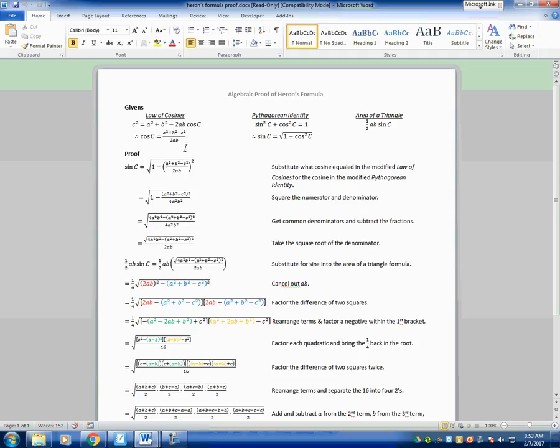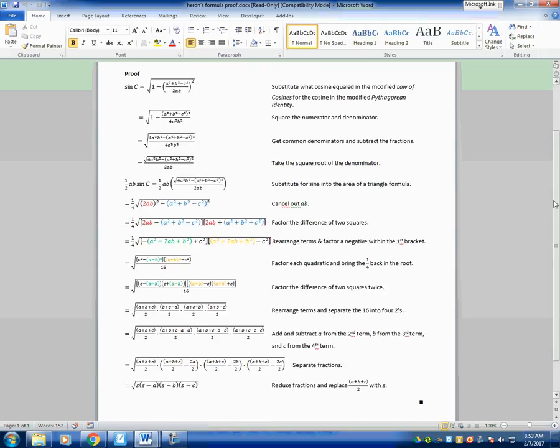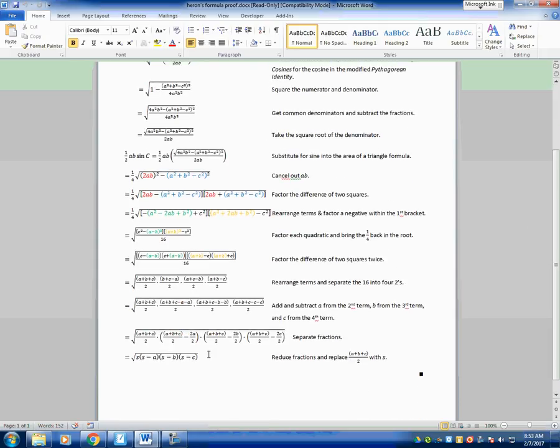And we start with this formula, sine of C equals square root of 1 minus cosine squared. And then we replace cosine squared with the algebraic expression that has no trig in it for cosine. And then go from there and come up with an expression for sine of C. Then we plug that expression in for sine of C in the area of a triangle and do a whole bunch of algebra, and out pops Heron's formula down here.